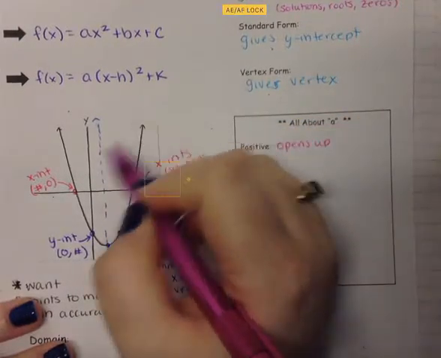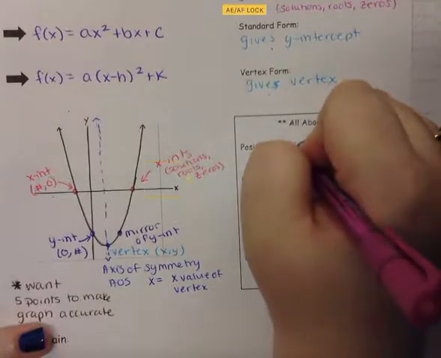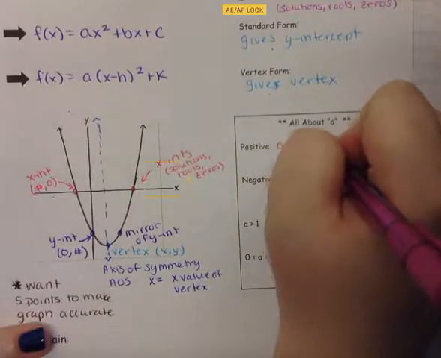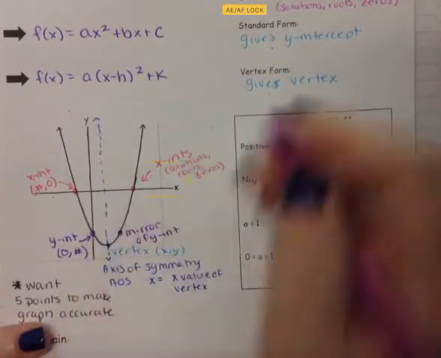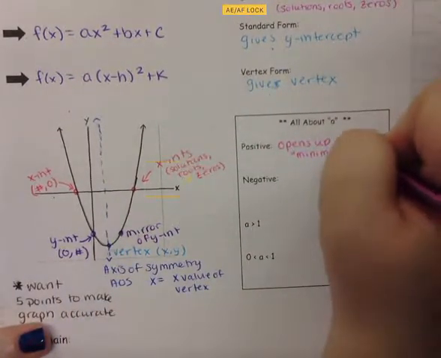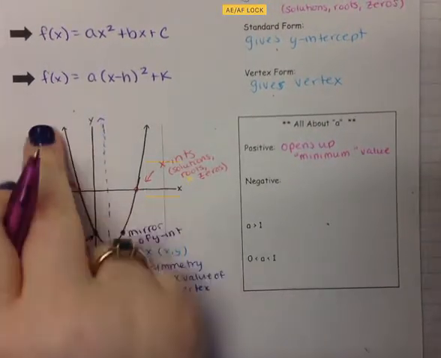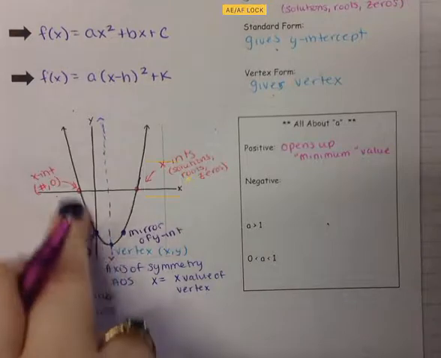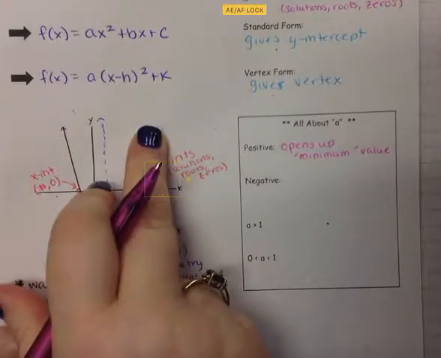That means the arrows are pointing up, and that's called a minimum. You have a minimum value or a minimum vertex. So this one is where our a would be positive because it's opening up.